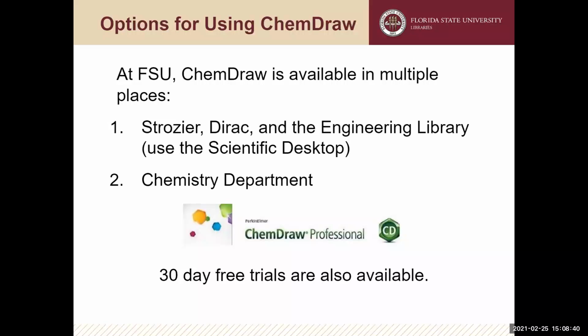If you go to the chemistry department's website and look for information on downloading ChemDraw, anybody with FSU credentials can download a copy to their personal computer. And if you don't have access to any of those, but you just want to try out ChemDraw, there are 30-day free trials.